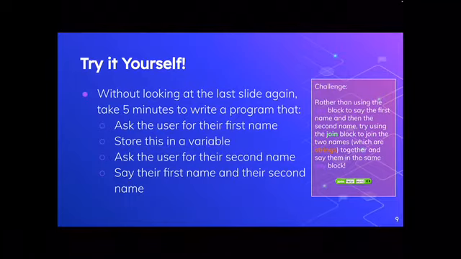For the people who get it really quickly, you can try this extra challenge. Rather than using the say block to say the first name and then the second name, try using this join block to join the two names together and then say them in the same say block at the end. For this, you might have to use more than one join block, which you will see when you try.